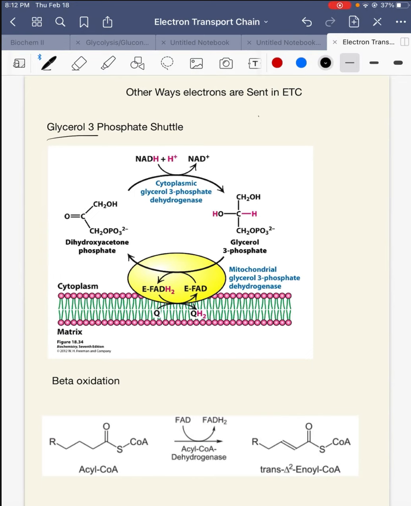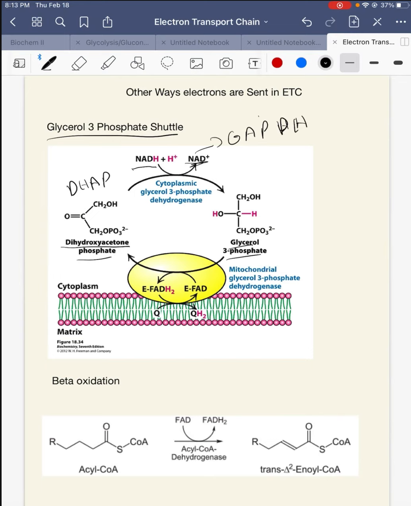If you remember in glycolysis, I talked about the glycerol 3-phosphate shuttle. It takes this dihydroxyacetone phosphate, this is DHAP, and we run this shuttle where we give the electrons to glycerol 3-phosphate, and then we generate NAD. This can go back and help in GAPDH in the cytosol to help run glycolysis faster.